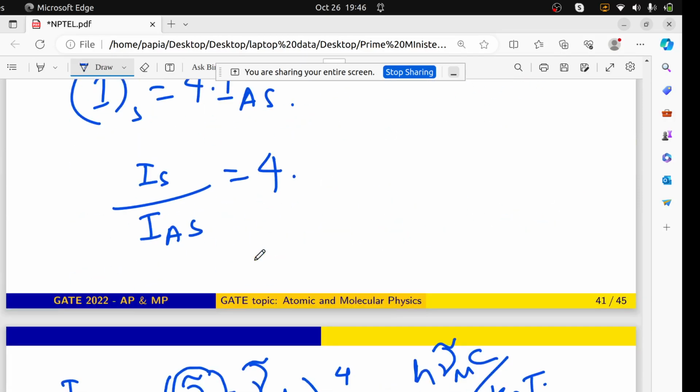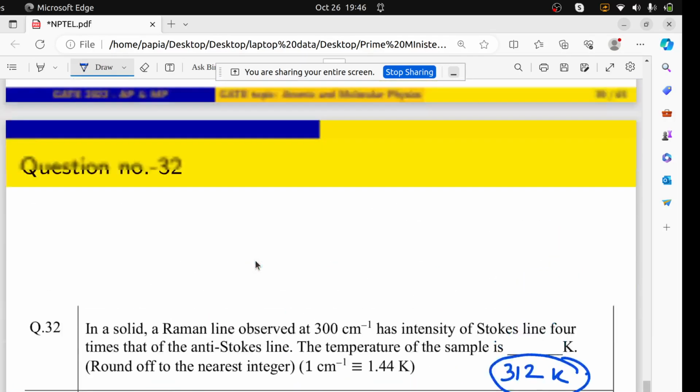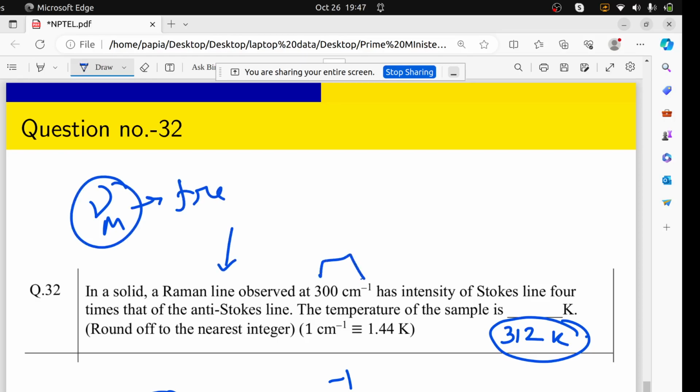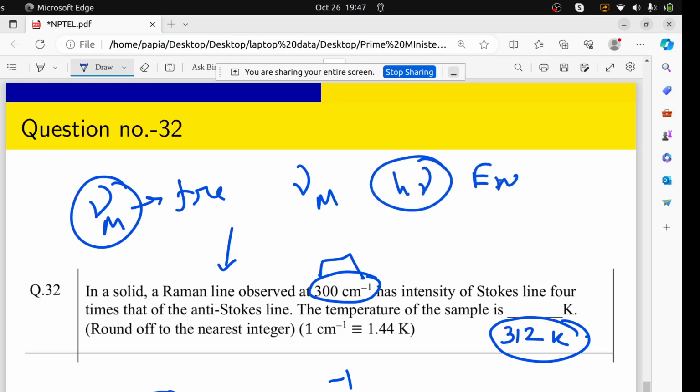See, basically nu m is the frequency at which the Raman line is observed. But here you can see that it is given as the line. h nu was energy, but we are talking about nu bar, because it is given in centimeter inverse units.